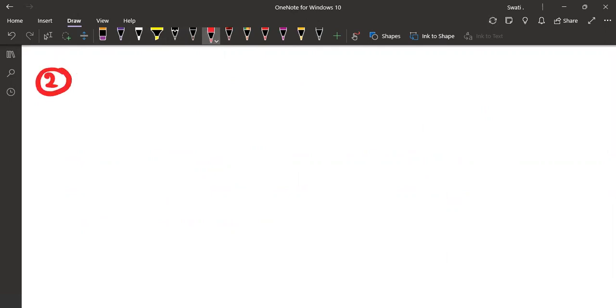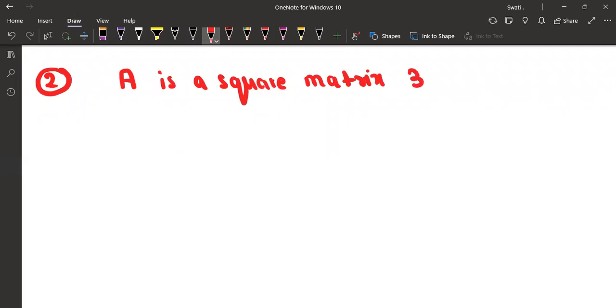In the next question, we have a square matrix A given. The order of this matrix is 3 cross 3. Now we have to find the value of determinant of 2A, where the determinant of A is given as 4.